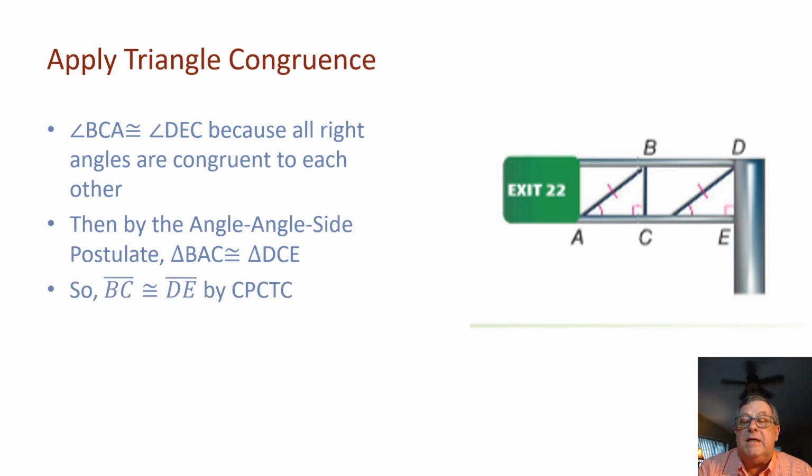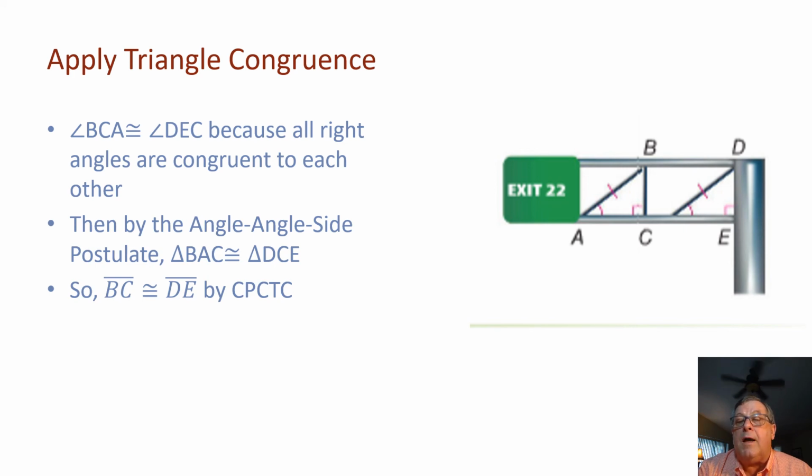So segment BC must be congruent to segment DE by CPCTC. And what does CPCTC stand for? Congruent parts of congruent triangles are congruent.